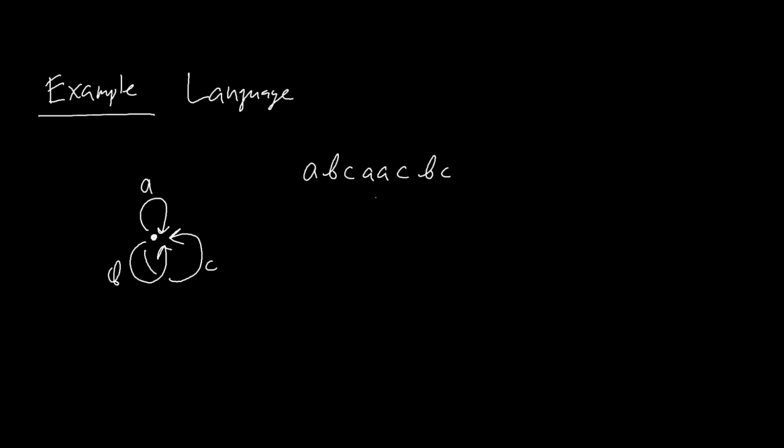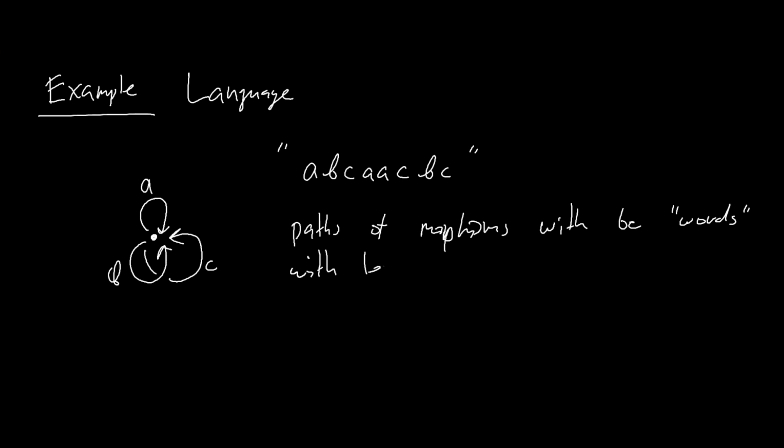So we get words. Paths of morphisms will be words with letters from the given alphabet.